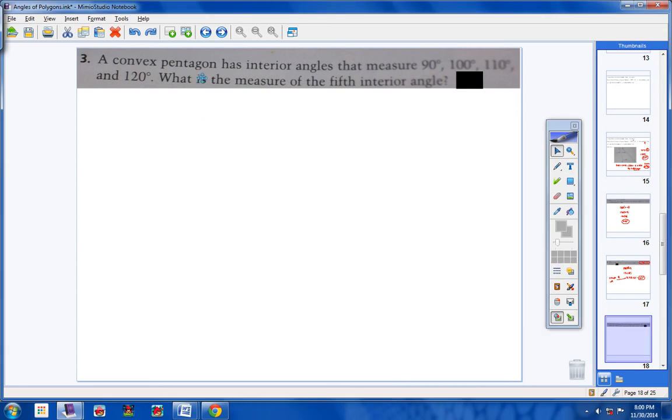A convex pentagon. Now, a pentagon is a five-sided polygon, 5 sides. Okay, you should know these. A convex pentagon has interior angles that are 90, 100, 110, and 120. What is the measure of the 5th interior angle?